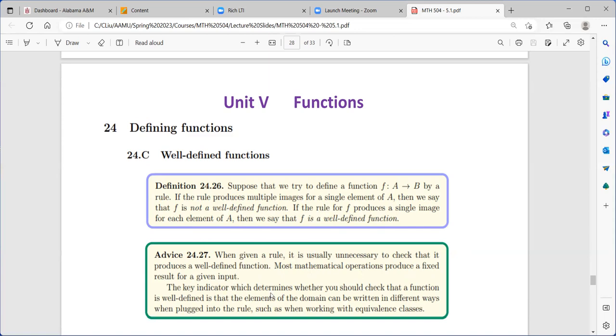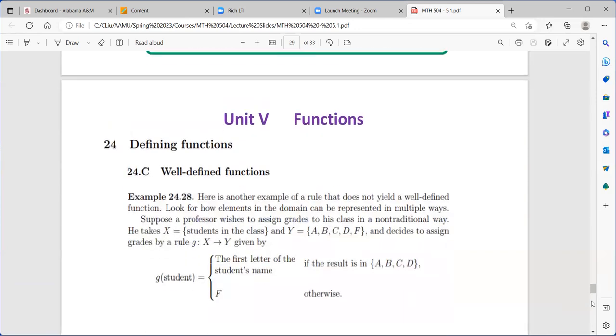The key indicator that determines whether you should check that a function is well-defined is that the elements of the domain can be written in different ways when plugging into the rule, such as when working with equivalence classes and rational numbers, as we just saw in a couple of examples before.